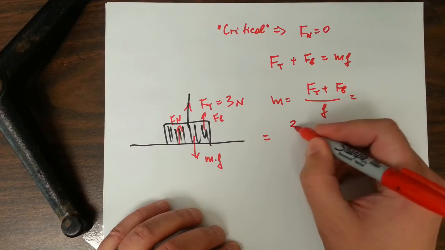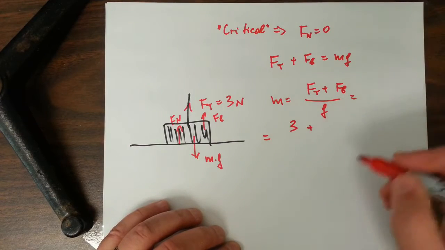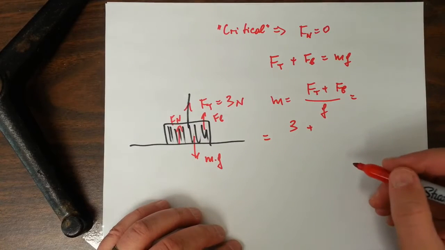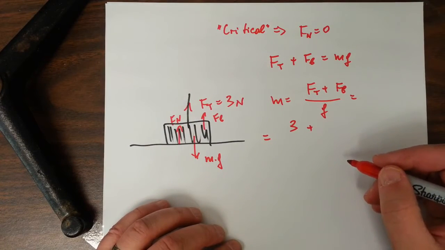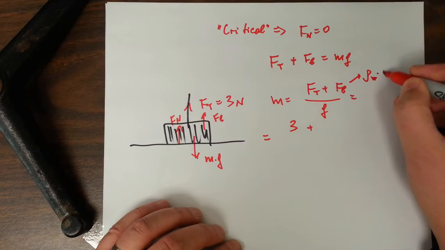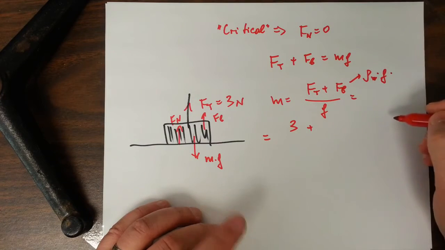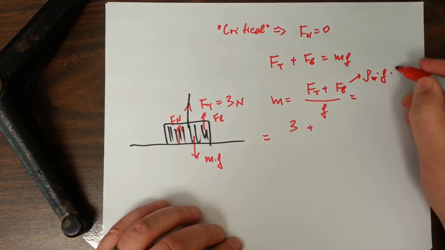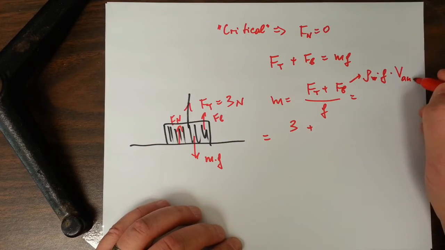So that 3 newtons, and to get the buoyant force we have to calculate it, and it's equal to density of water times G times the total volume of the anchor.